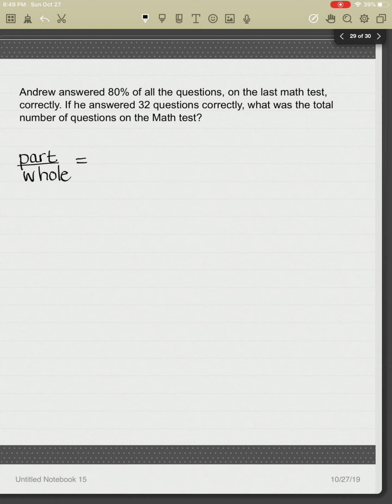And so the part of the questions that he answered correctly in percent was 80%. And again, we'll put that over 100 because percentage is based on 100. And we know that the part of the amount that Andrew answered correctly was 32 questions. But what we don't know this time is what was the total number of questions on the math test. So we'll use a variable for that.